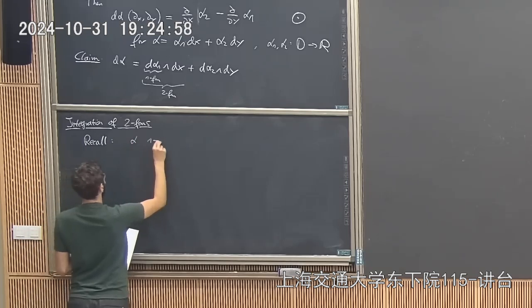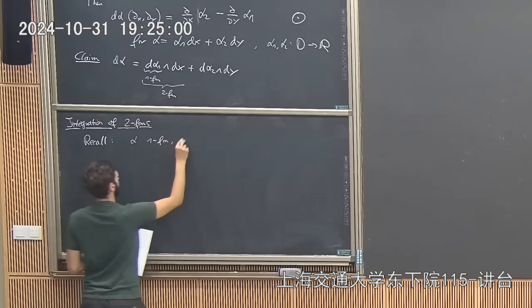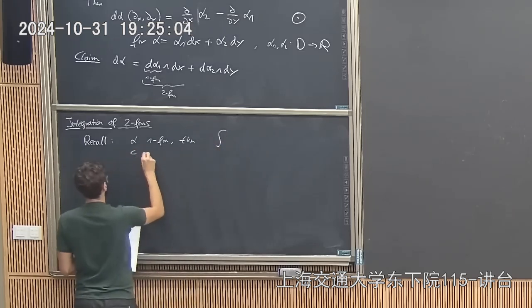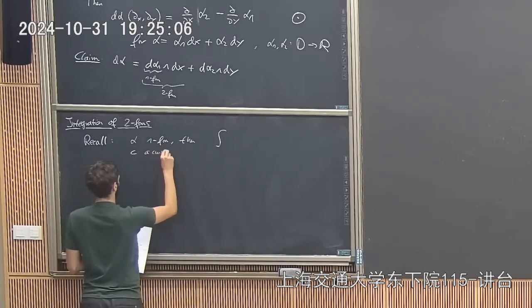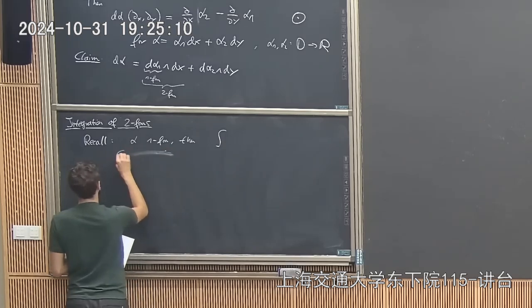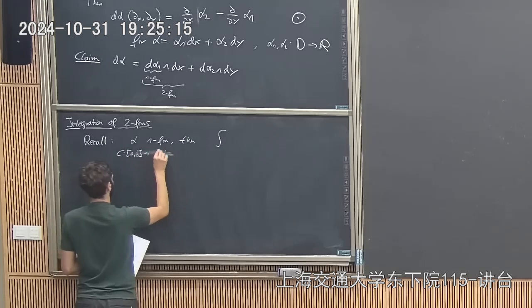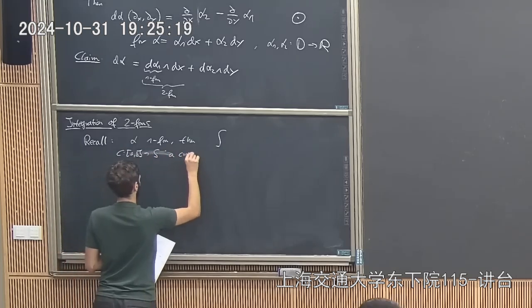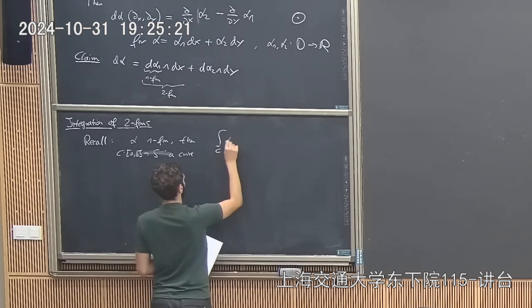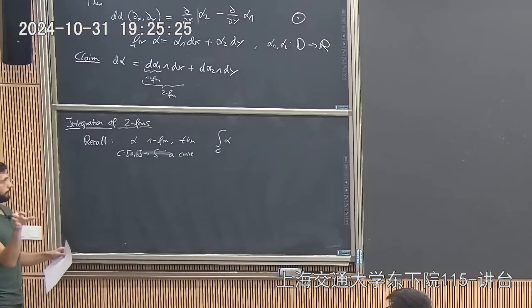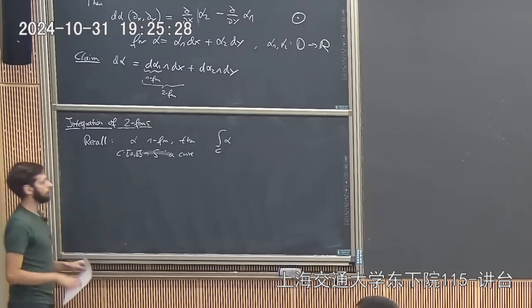If alpha is a one form, and C is a curve from A to B in S, then we were able to define the line integral along the curve of alpha.